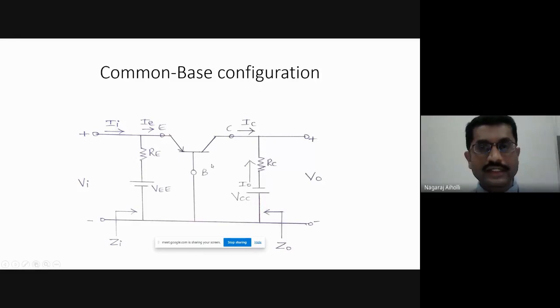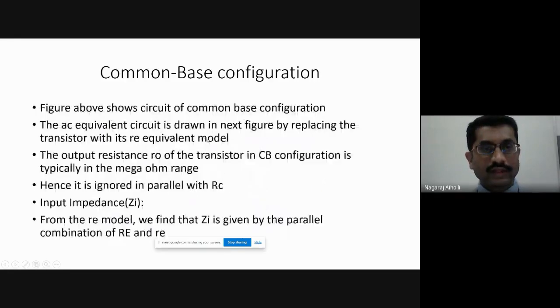Now let us analyze this. Let us obtain the re equivalent model of this common base configuration. The above figure shows the common base configuration. In the next figure, you will be seeing the re equivalent model.